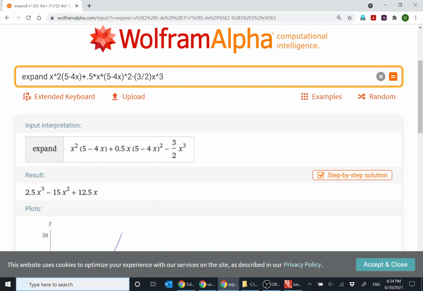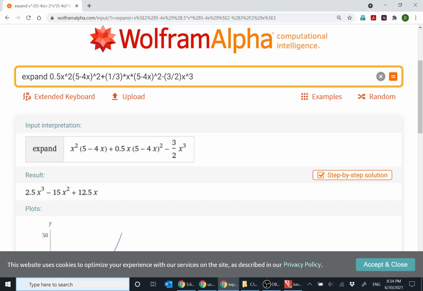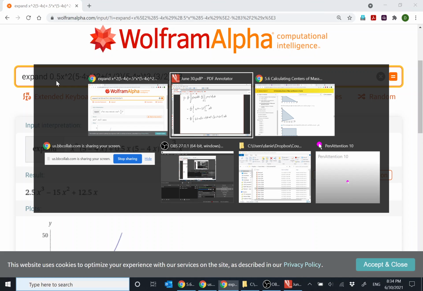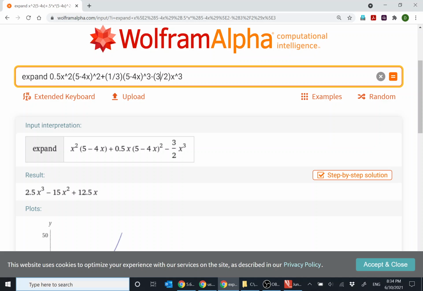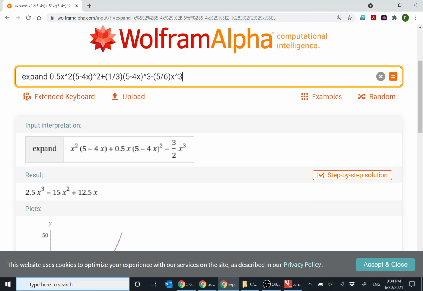One half x times 5 minus 4x squared, plus 1/3 times 5 minus 4x to the third, minus, so a half plus a third is 5 over 6.